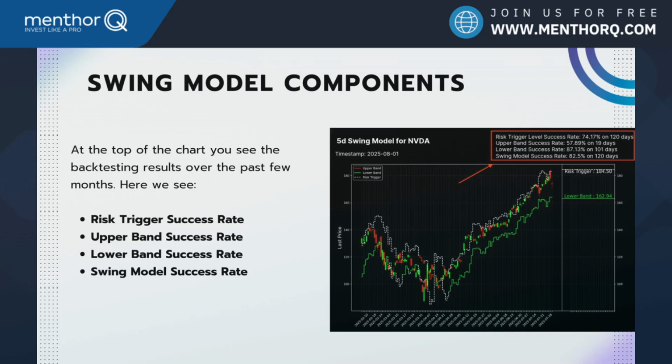The model doesn't take into account the risk trigger success rate, and the reason is very simple: we are trying to provide a directional bias. If the directional bias is successful, it could still happen that the risk trigger gets broken. That's why we look at the success rate just by analyzing the upper band or lower band success.